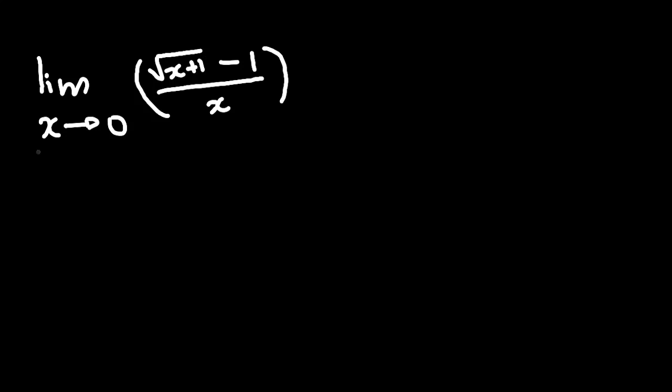As you can see, I have my problem, which is the limit of root x plus 1 minus 1, divided by x. If we do a direct substitution, it will not work because we'll end up dividing by 0 and getting undefined. So what we can do is multiply by the conjugate of our numerator.